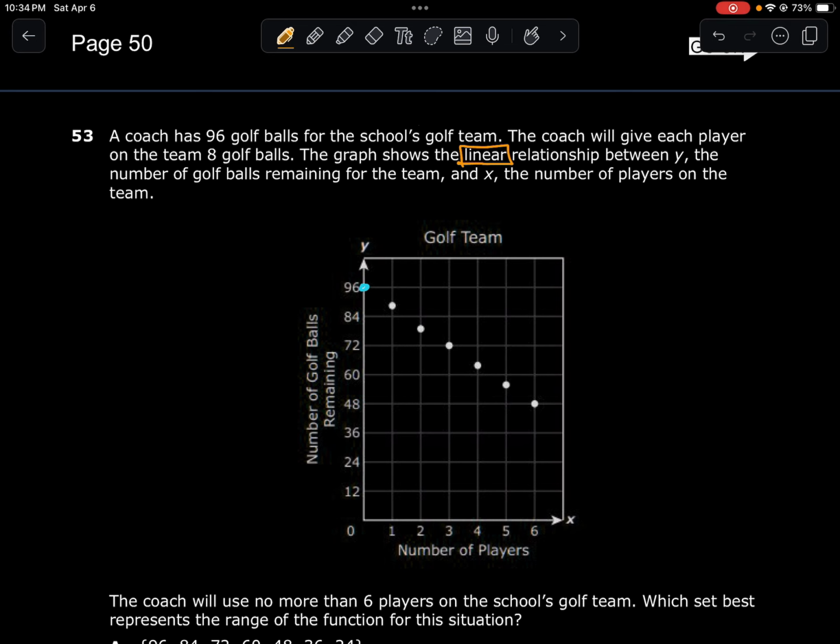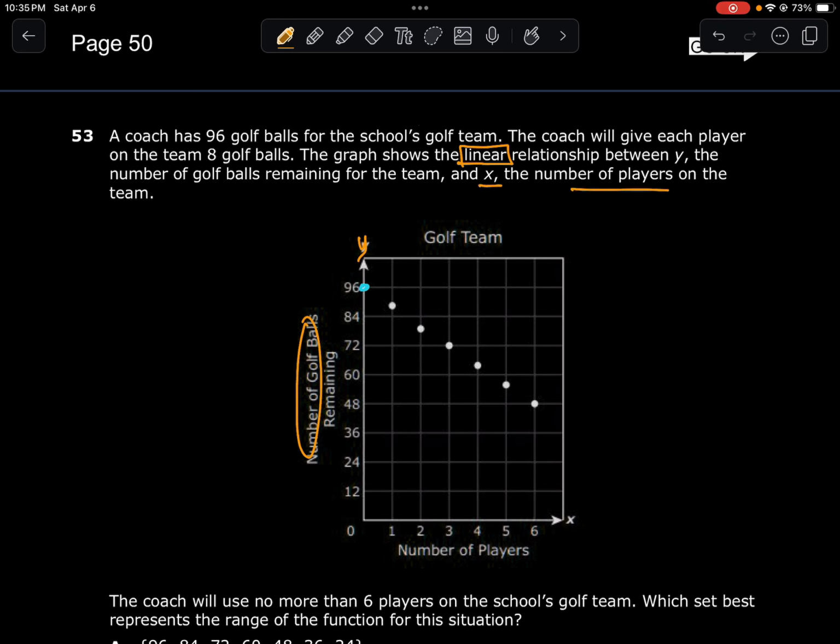Relationship between y, the number of golf balls remaining, and x, the number of players.